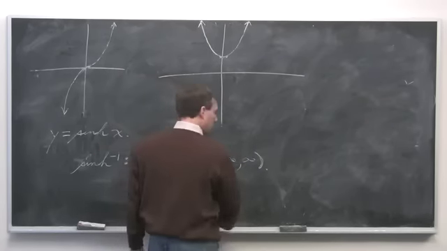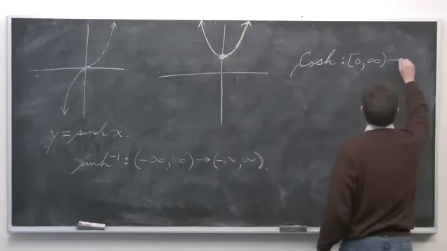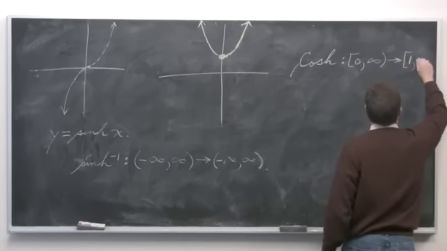So we take hyperbolic cosine, I'll write it with a capital C to indicate this restriction. It's a function that's defined from 0 to infinity, including infinity, and its range is all real numbers greater than or equal to 1.